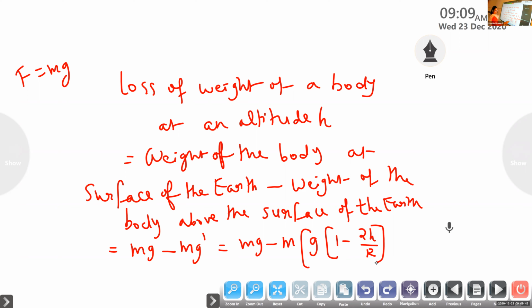Now what we do? First we expand this, g into 1 minus 2h by r. So we expand the second term.